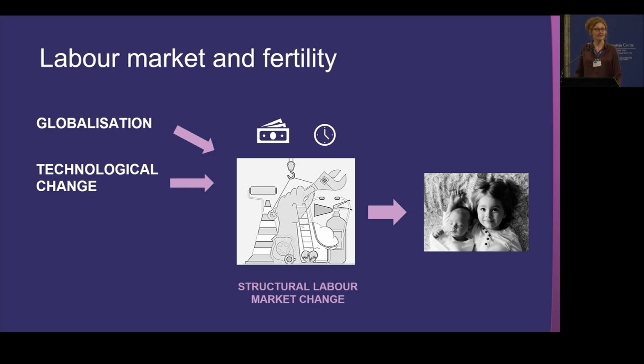The 2 important drivers of this structural labor market change are globalization and technological change. Globalization, as we all know, increased the competition in the labor market. It led to the situation in which organizations had to lower the production costs, including the labor costs, and increase productivity.